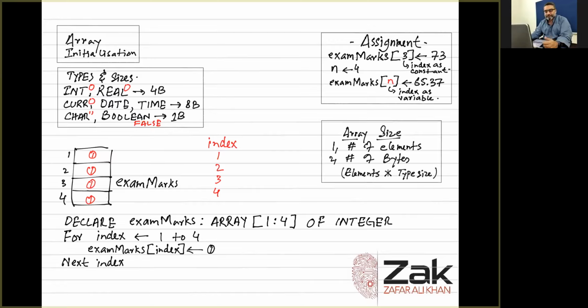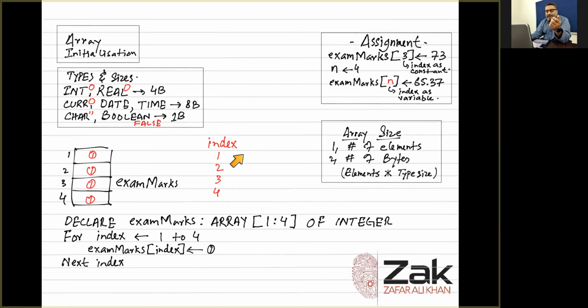Now, array size. The size of the array might be asked in two terms. Number one, how many elements are there. That is very simple. You're going to count it: 1, 2, 3, 4. There are 4 elements in there. And number two, what is the size of this whole array in bytes? As we have discussed, there are different sizes for different data types.